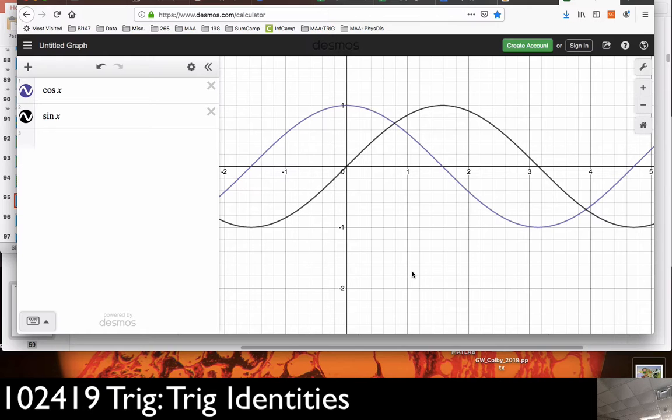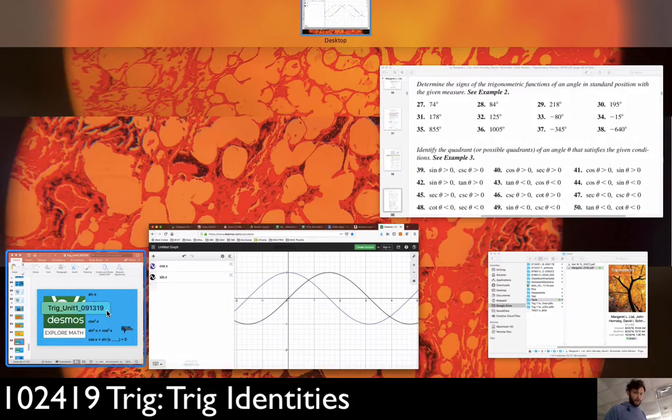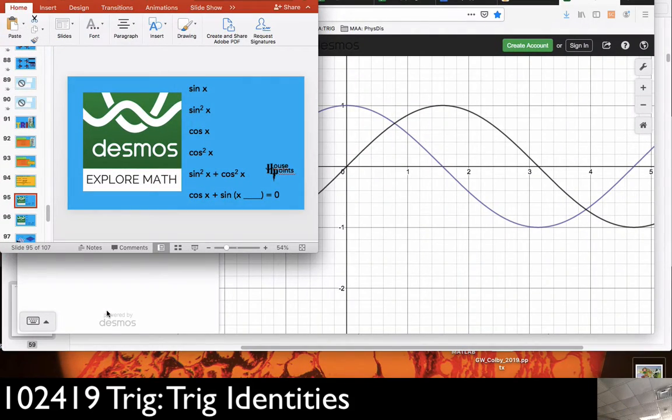Does that work? Can you type it in? I'm just confused about what we're doing. We're trying to figure out what you would have to add or subtract to the x value so that it's in opposite phase to the cosine, so that the two of them cancel out.